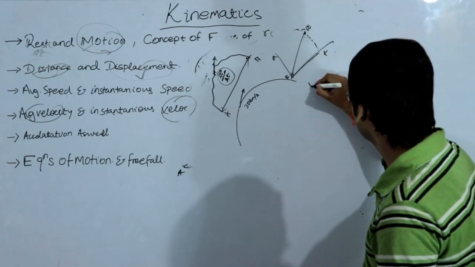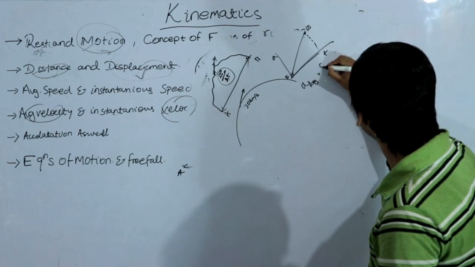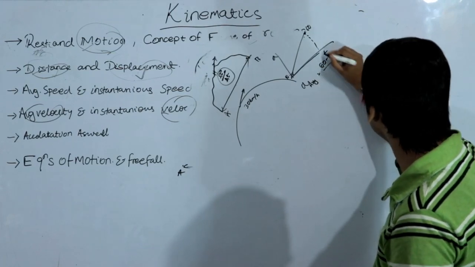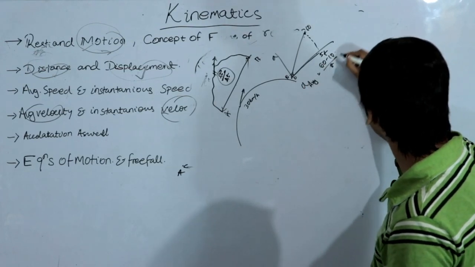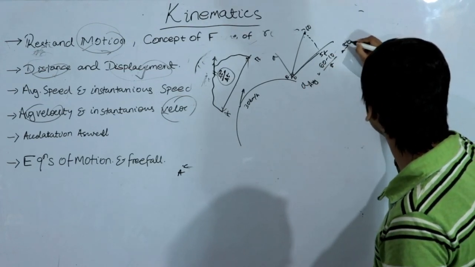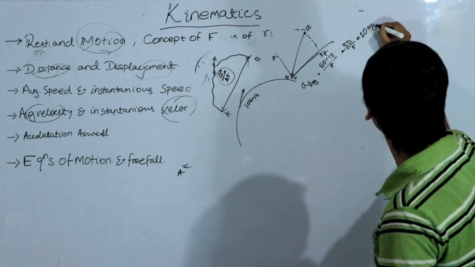So your average acceleration, a average, gives you 60 minus 10 over, suppose it is 5, 0 to 5 seconds, this gives you 50 over 5, which is equal to 10 meter per second square.